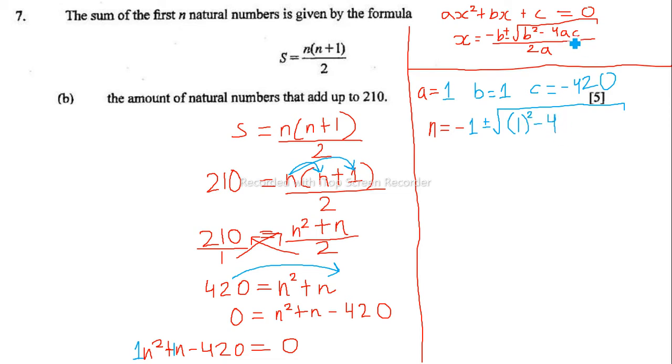A is what? 1. C is negative 420. Negative. Good. Close bracket. All over 2. What is a?